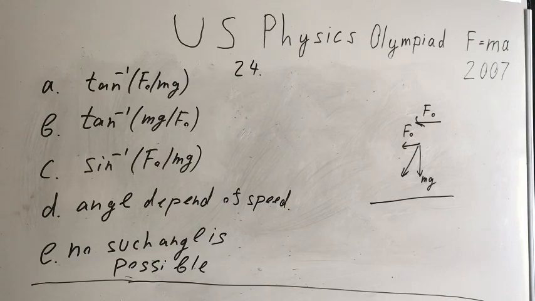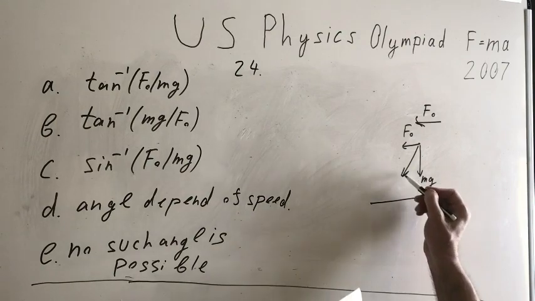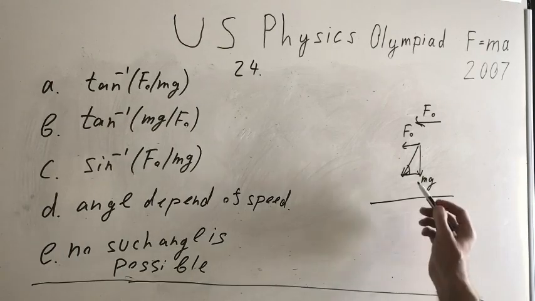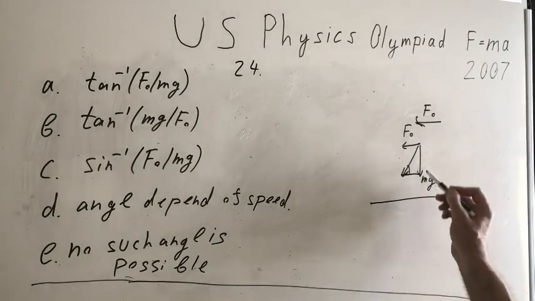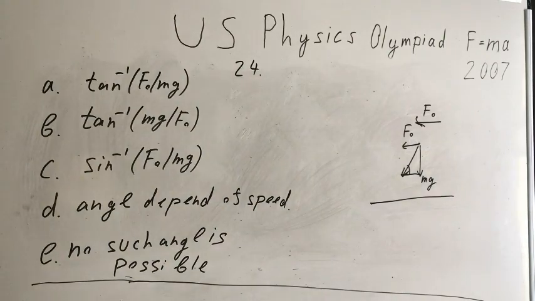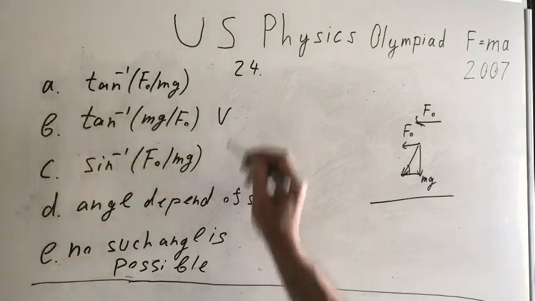If we want to launch an object back to us, we need to throw it exactly opposite to this resulting force. So we need to find this angle. From this picture we see that the tangent of this angle equals mg over F0, and the correct answer is this one.